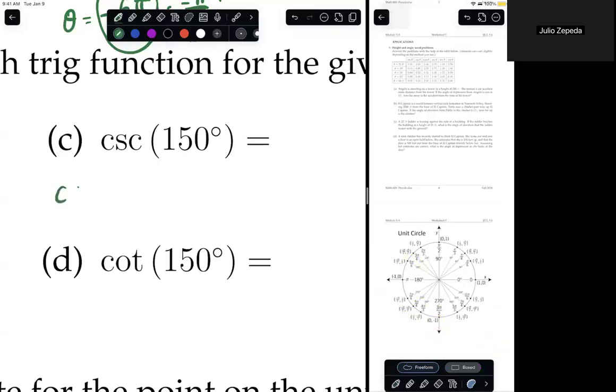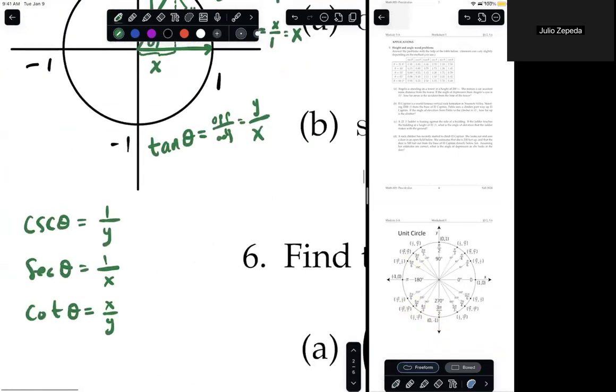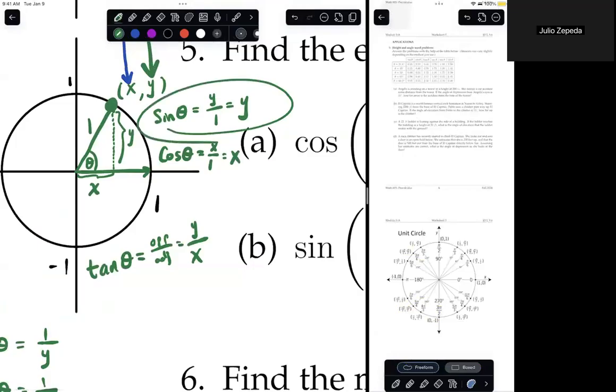The cosecant of 150 degrees is equal to the reciprocal, or 1 over sine of 150 degrees. And we said earlier that the cosecant of theta was actually, since it's the reciprocal of sine, it would just be 1 over y, since sine is y.